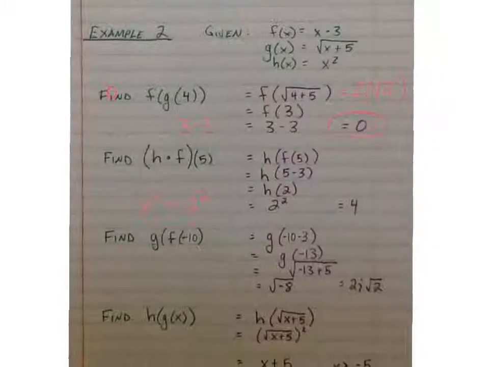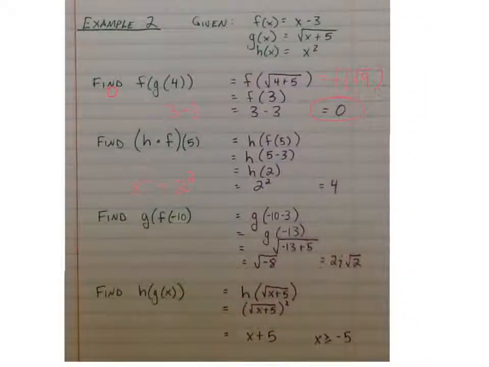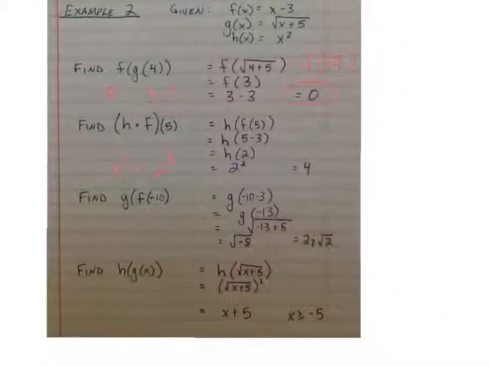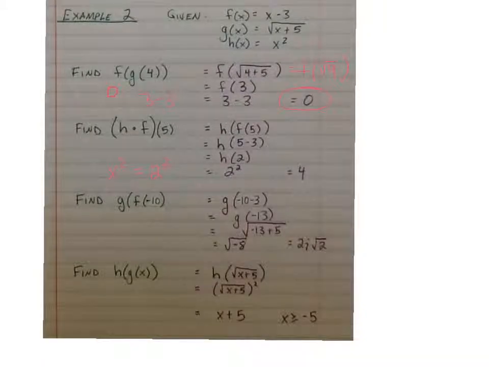And in the final example, what we have is h of g of x. So h is the rule that we plug g into. We take the rule g, root x plus 5, and plug it into h. So we take root x plus 5 as our variable, and we square that.